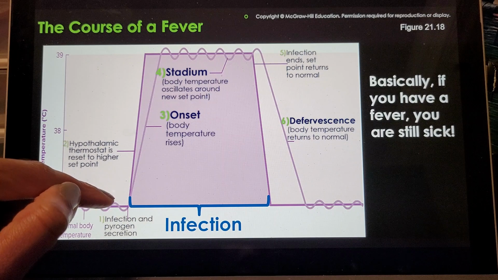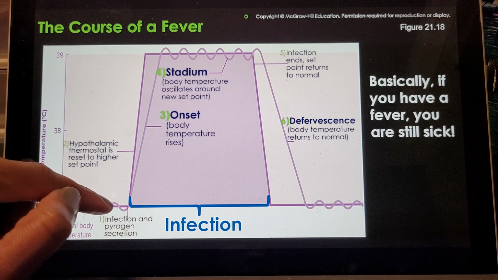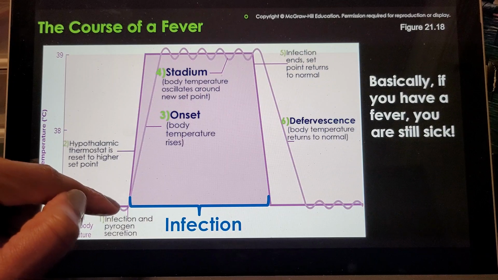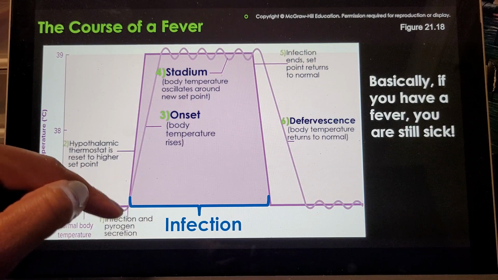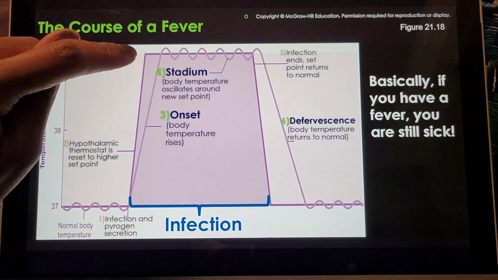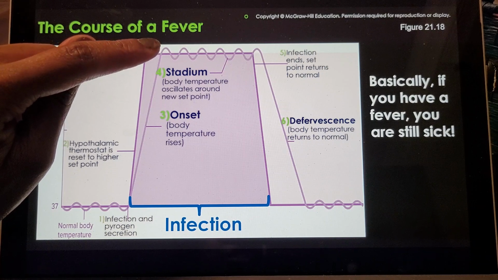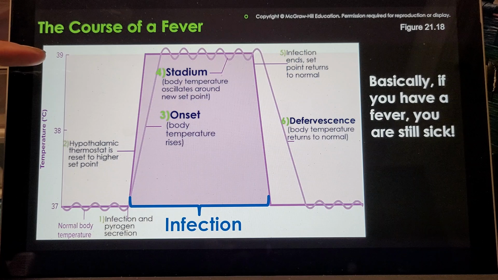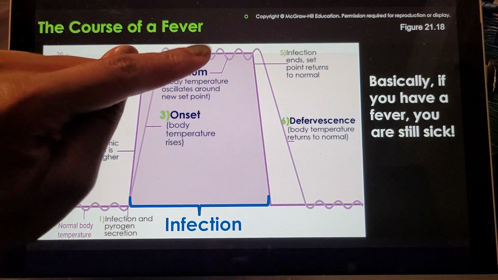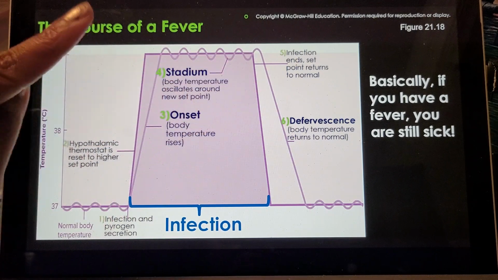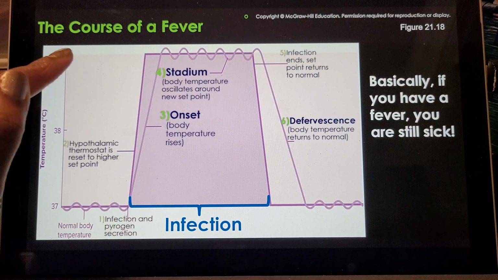The pyrogens on the surface of the bacteria or virus will trigger the start of a fever. So even though you might already have been infected, you might not start having a fever symptom until later. So our fever is set at a higher point, and we'll stay at this higher point, and that is our stadium. We just stay in this area.